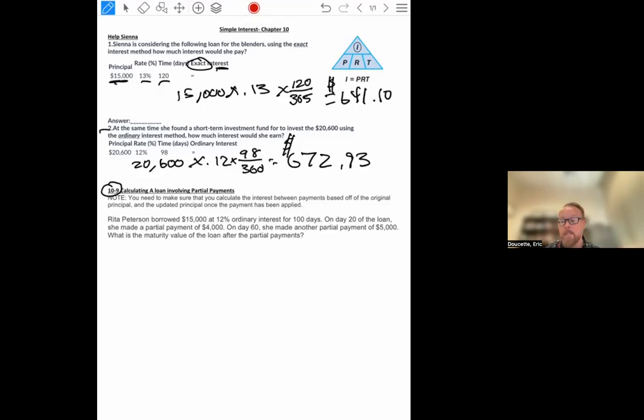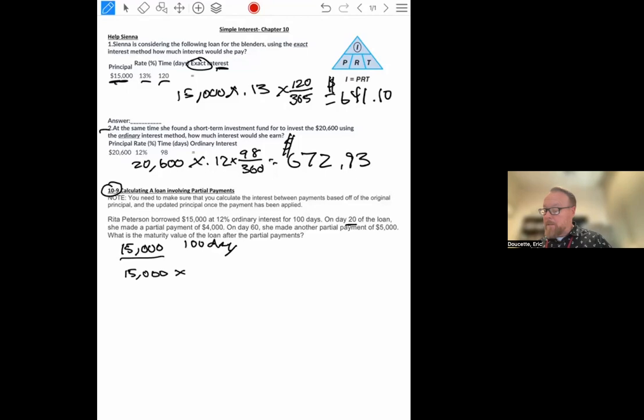So for instance, this loan was taken out for $15,000, and ultimately it was for 100 days. However, they made a payment on day 20. So they're only going to pay interest for 20 days on that initial $15,000. So I need to figure out first how much interest they accumulated over those 20 days.